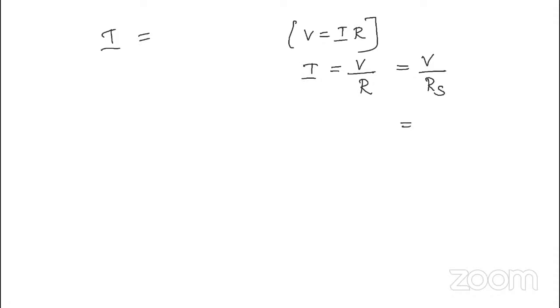Okay. So how can we write that value? We can write V by RS or represent it as V by RT. Okay, both terminologies are correct. T stands for the total value. S stands for the series resistance. Okay. Right?